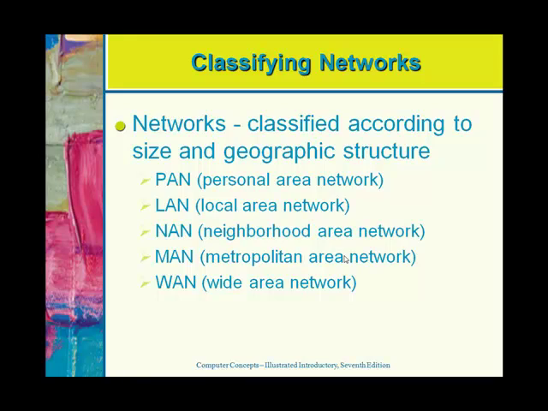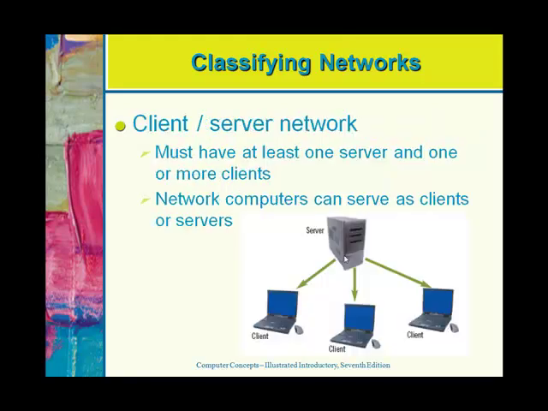A metropolitan area network would be similar to what you're starting to see pop up in certain areas in the country where entire cities are hooked up to one network. Your wide area network would be, let's say you have a company in Los Angeles and New York, and their computers at both locations are networked together. That would be a wide area network.